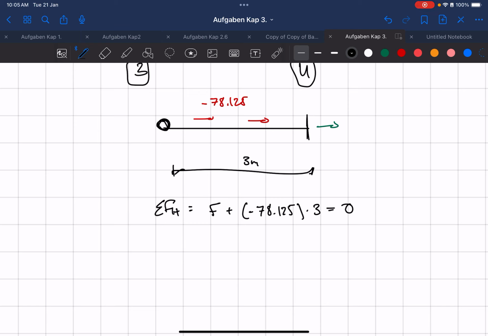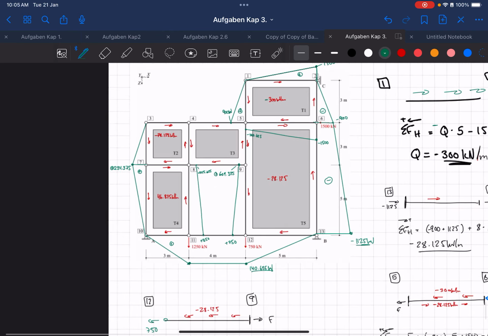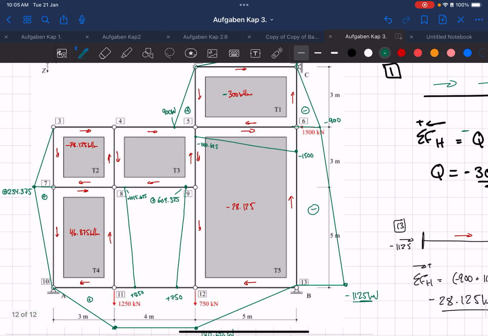So I get F equals 234.375 kilonewton. Positive.